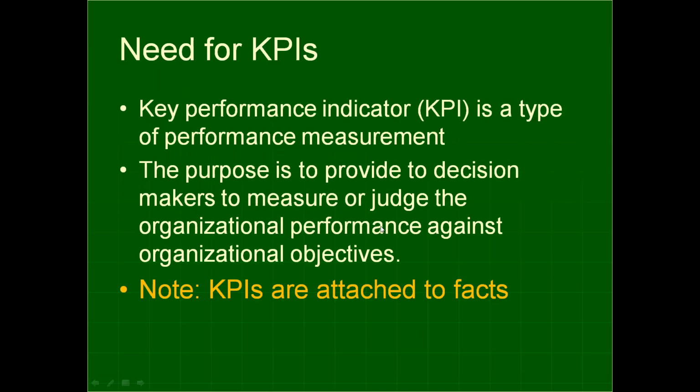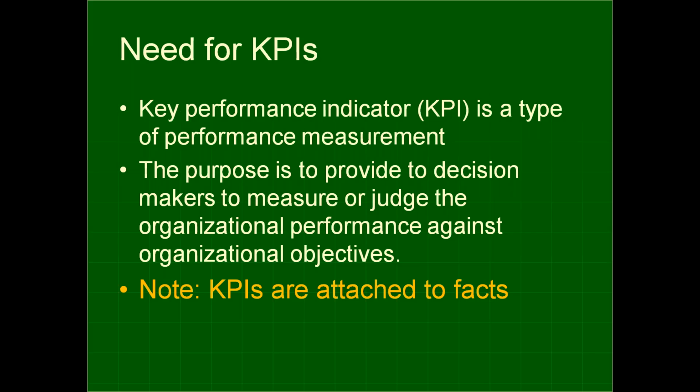Let me discuss. Key performance indicator, KPI, is a type of performance measurement. The purpose is to provide decision makers a way to measure or judge the organizational performance against organizational objectives, right? KPI is always attached to the fact.